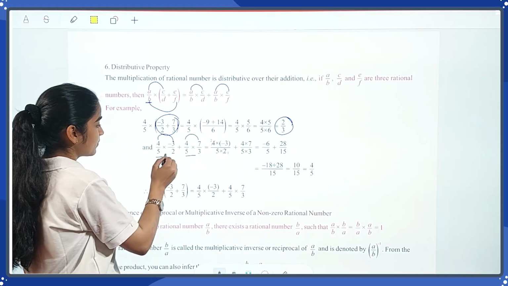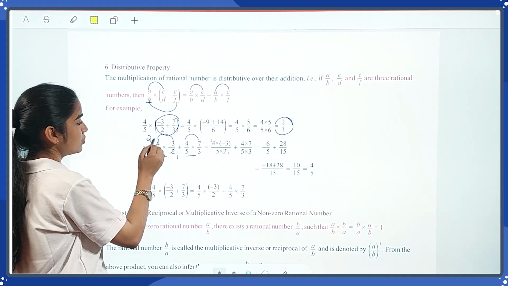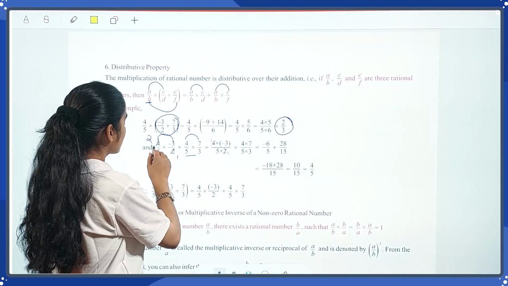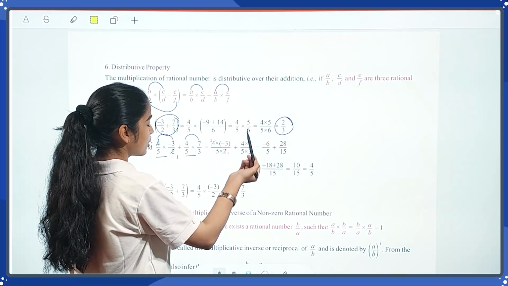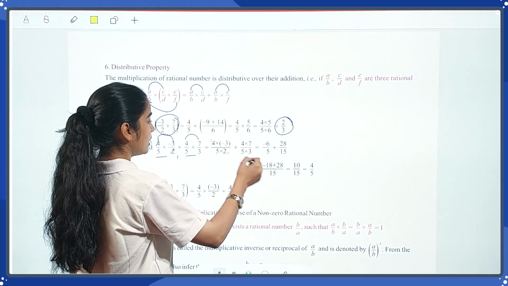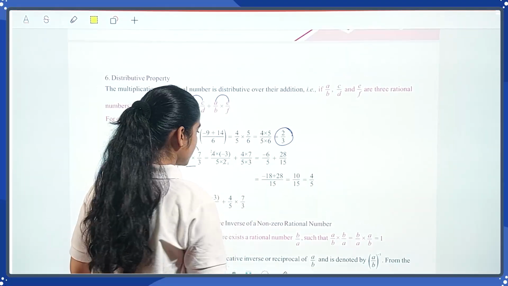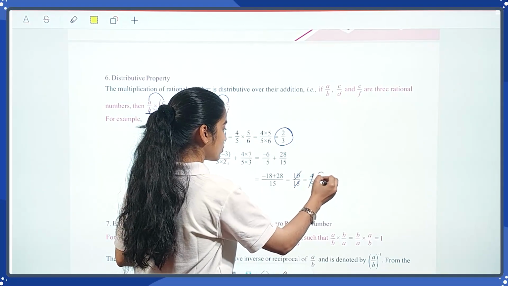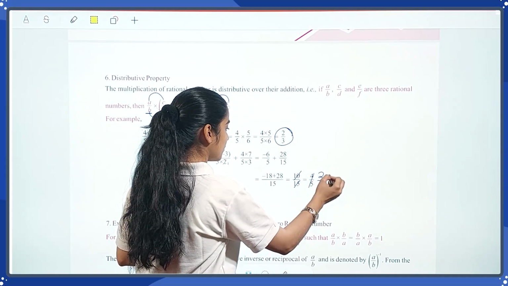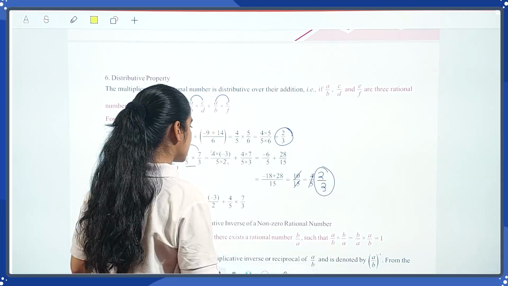Then you add the products of both, and the result will be the same. There is a correction: when you simplify it, you will get 2 by 3. With that, your answer remains the same.